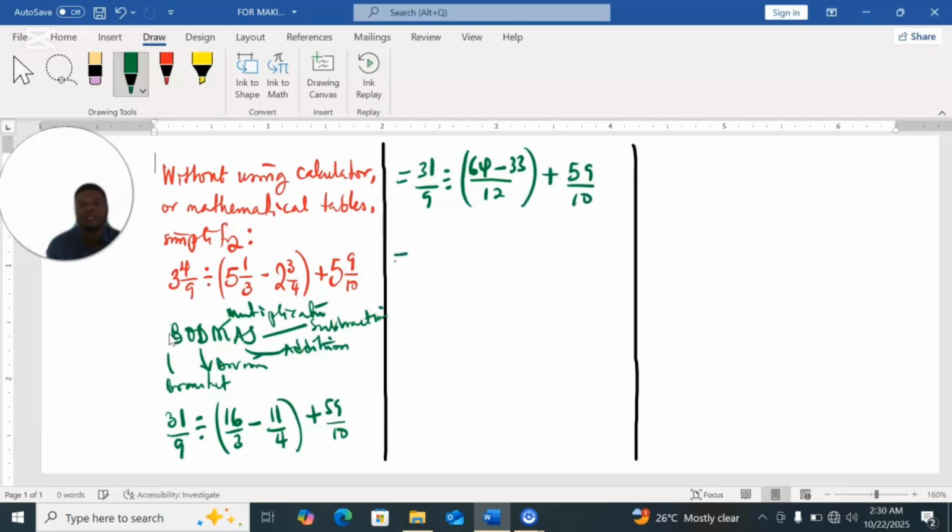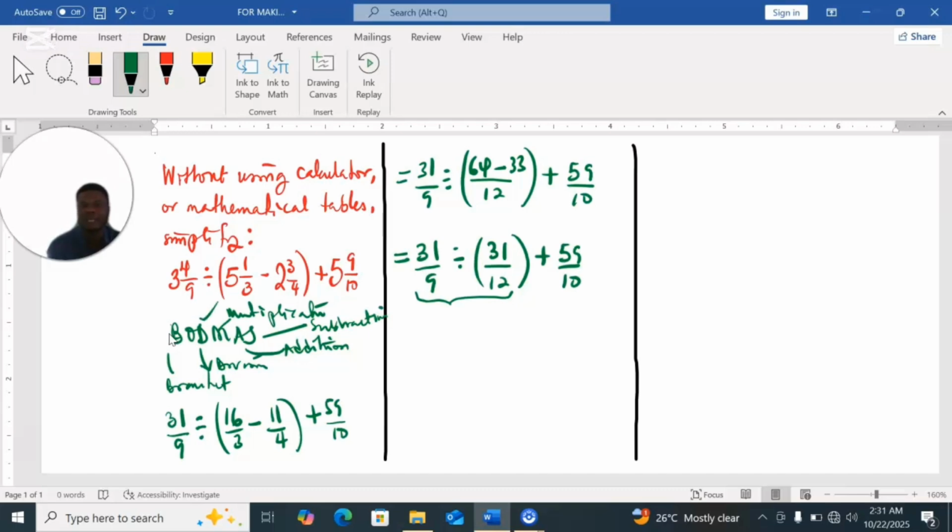So we would continue with bringing this one down and attacking what is in the bracket. In the bracket, we have 64 minus 33, that will be 31. And this will come down as 59/10. Now that we are done with the bracket, we would go with using division, which is this.